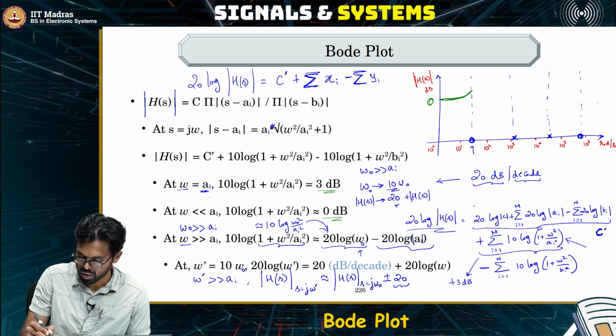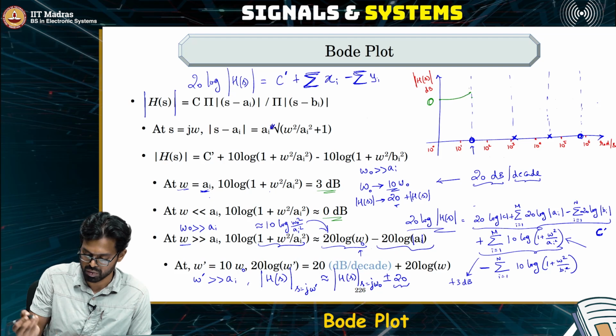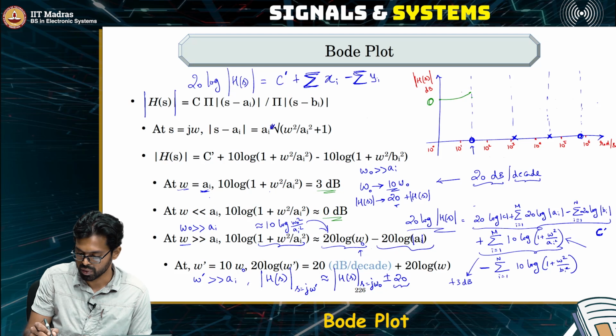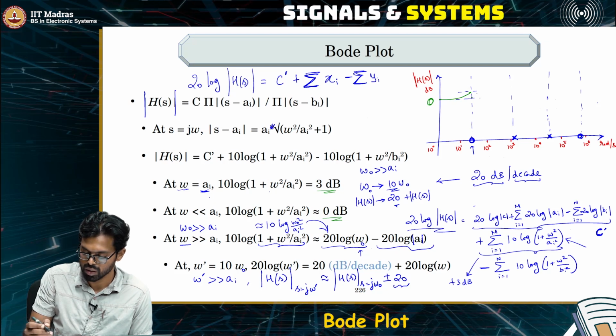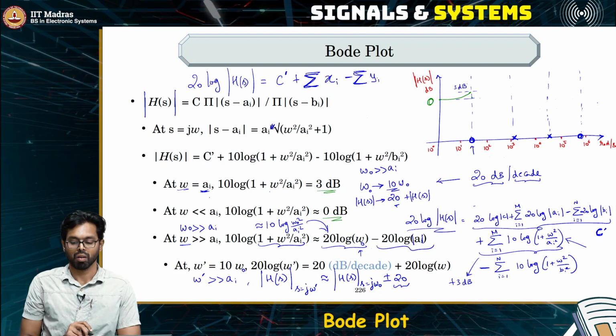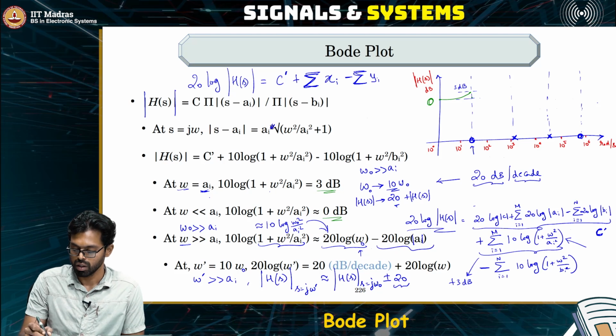So, we can just interpolate our function smoothly so that this difference that we have here is 3 dB. All right. So now we have plotted the Bode plot till the first 0.